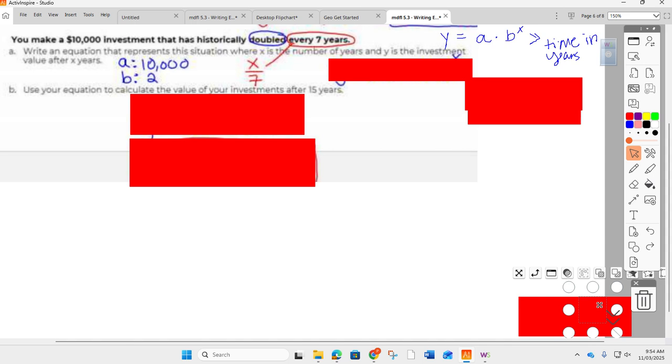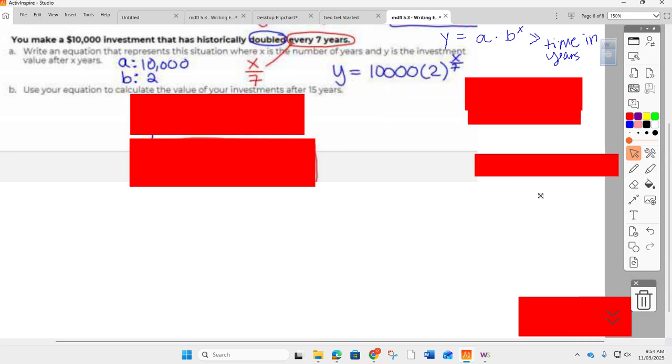Does that make sense? So when x is 7, it will have doubled 1 time. When x is 14, it will have doubled 2 times. It will be somewhere less than doubling up to 7 years, and less than quadrupling after that. So that is what that equation will look like. Elder, are you with me?